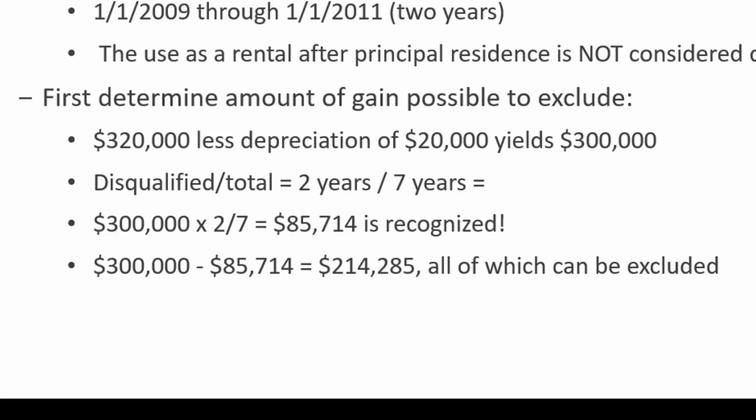Multiply that by the $300,000, you get $85,714. He must also recognize $85,714 then. As a result, the rest of it, the $300,000 minus the $85,714, that can be excluded. Since that is less than the $250,000, then he can exclude all of that amount.